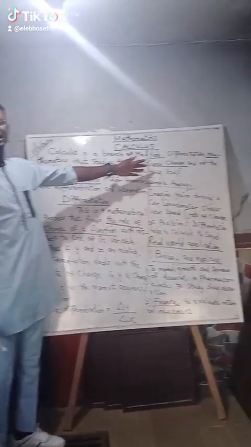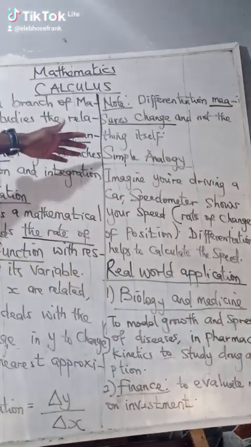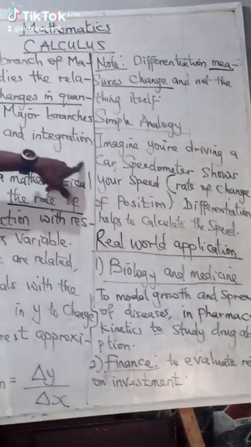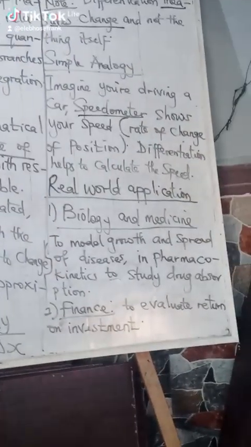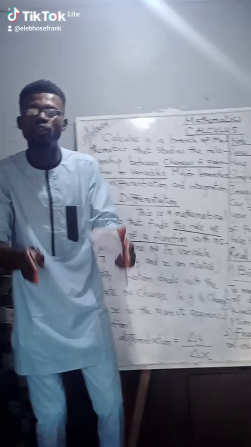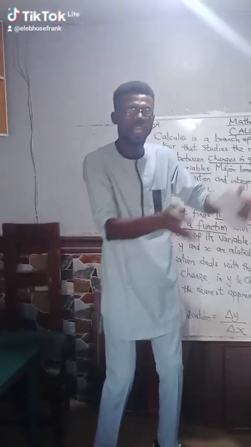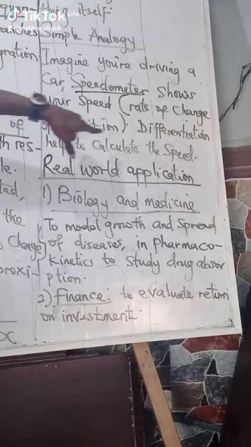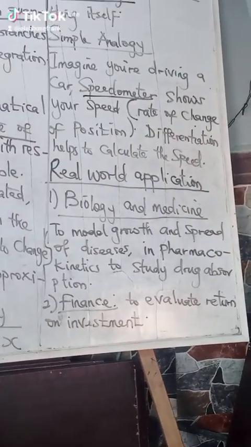Now let's see a simple analogy. Imagine you are driving a car. The speedometer shows the speed. That speed simply means the rate of change of the position of the vehicle. Differentiation helps to calculate the speed, or the rate of change.